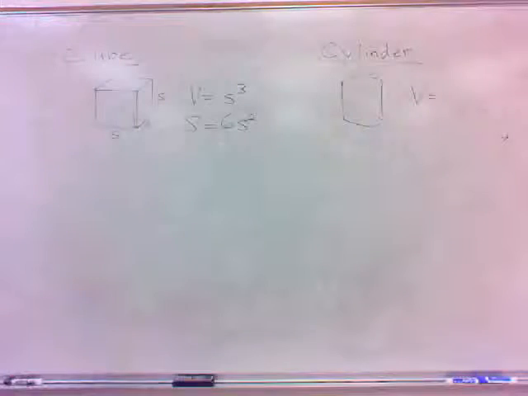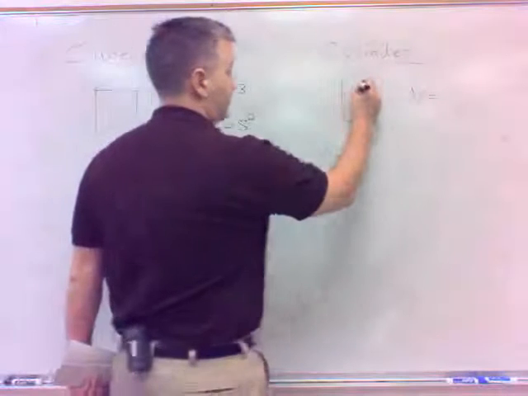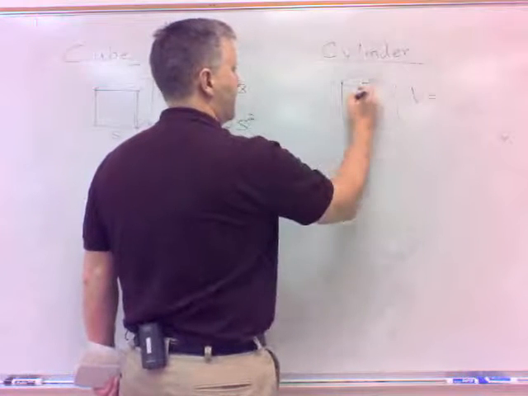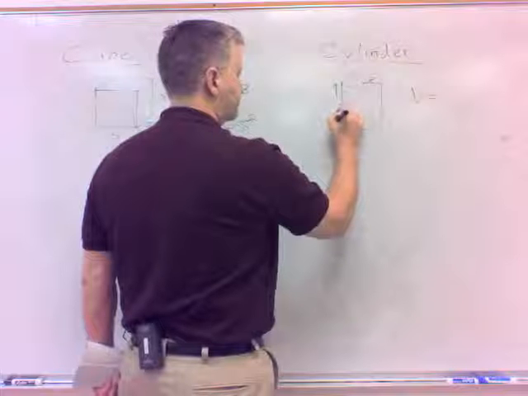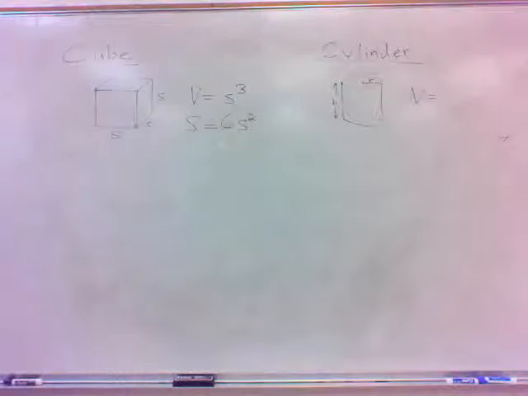Let me try to explain the volume. You need to know 2 things on a cylinder: the radius of the circles, R, and the height of the cylinder, top to bottom.